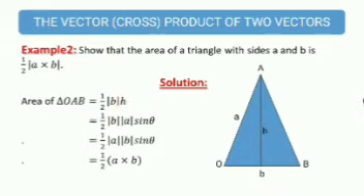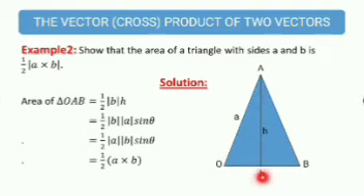But assuming that we are given angle theta here, to find sine of this angle, sine theta is equal to opposite over hypotenuse. Opposite is this line, which is the height, over hypotenuse. The hypotenuse is A.